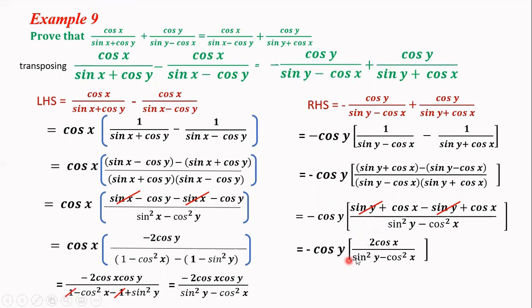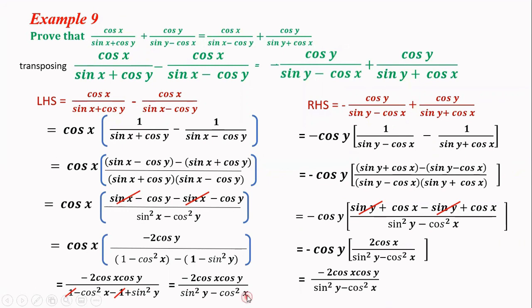Next step, inside the bracket, the cos x and cos x are like terms, they are added, so we have 2 cos x. Another step, minus cos y is multiplied to 2 cos x, so we have minus 2 cos x cos y by sin square y minus cos square x. This is the solution of the right hand side.